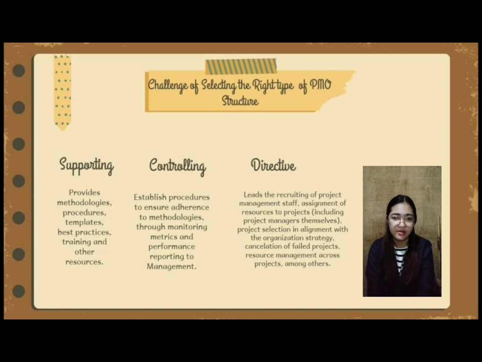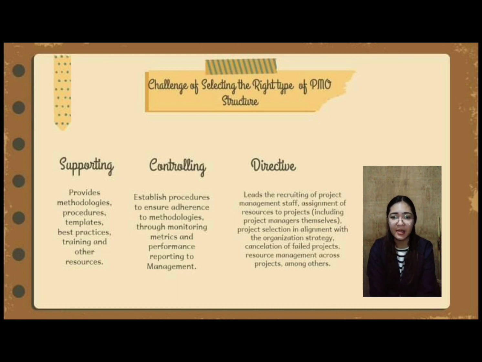Directive, it leads the recruiting of project management staff, assignment of resources to projects, including project managers themselves, project selection in alignment with the organization's strategy, cancellation of failed projects, resource management across projects, among others.